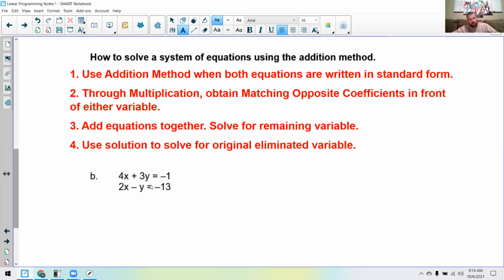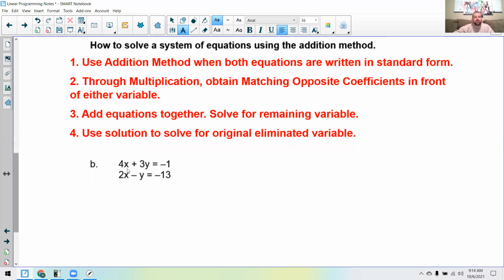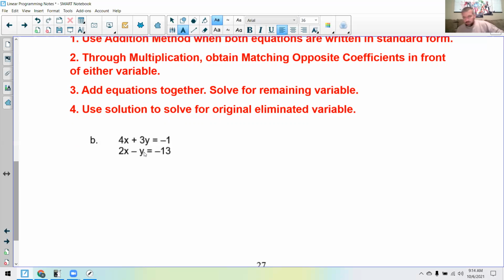Now, if we look at example B, I don't have matching opposite coefficients. So I'm going to have to use multiplication to obtain matching opposite coefficients. You can make a decision here. It's up to you which one you want to eliminate.